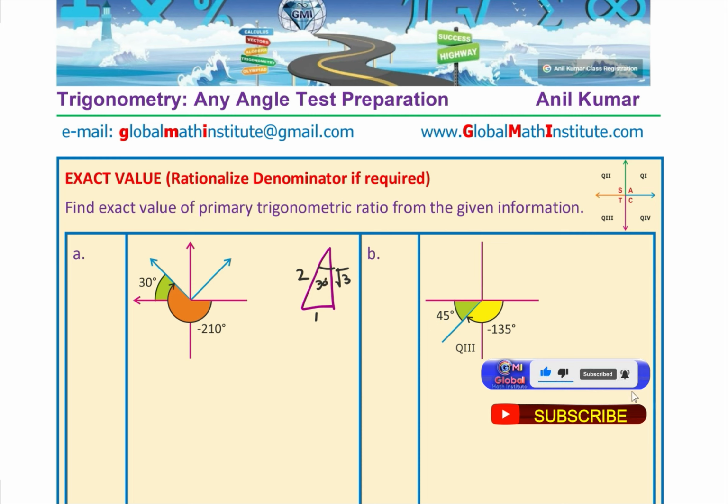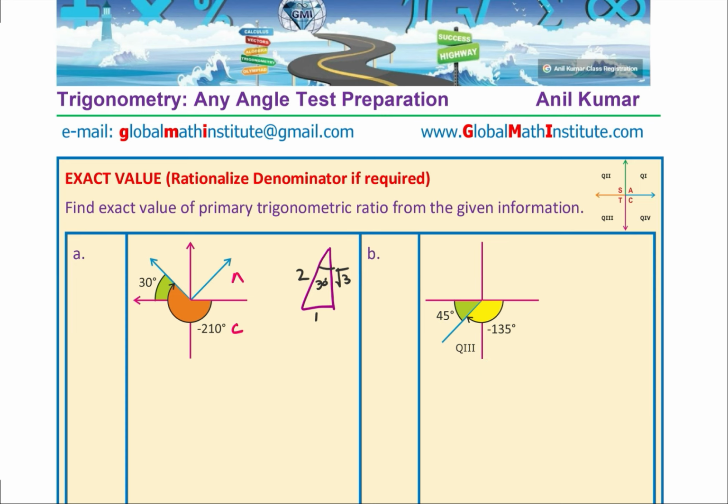So if that is the case, and we know the CAST rule, we can say that cos is positive here, all sine and tan. So we're looking for sine of minus 210 degrees. How much is this equal to? Cos of minus 210 degrees.